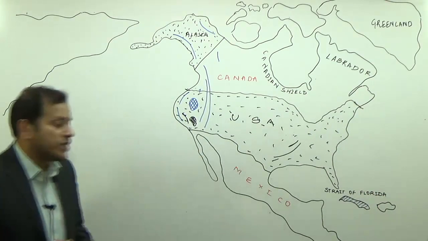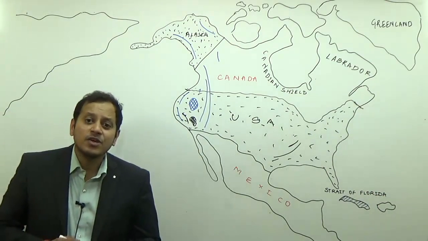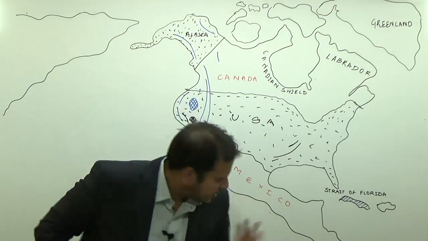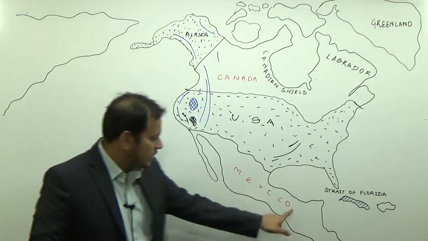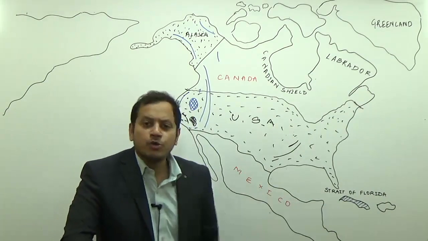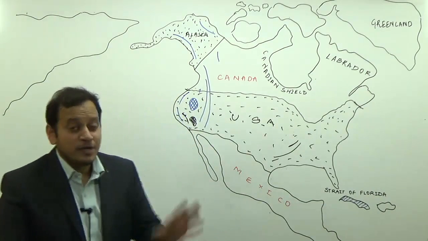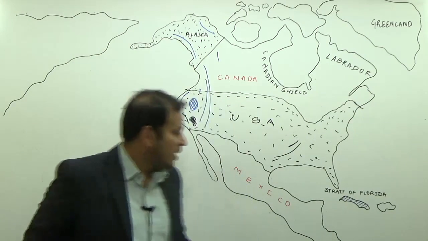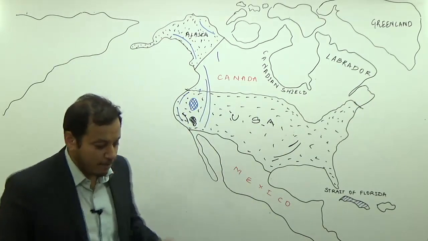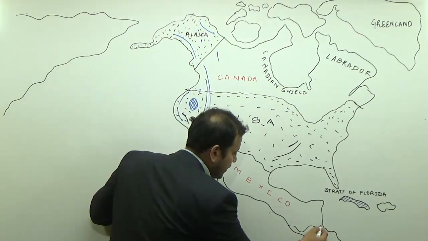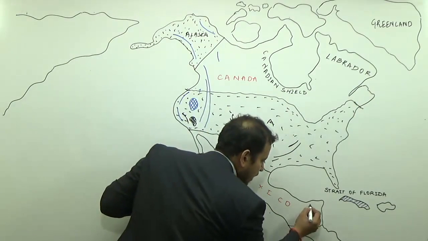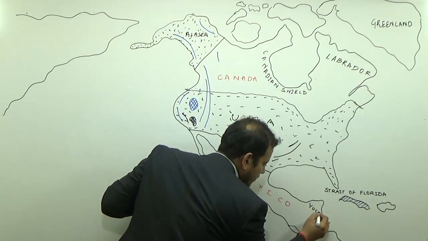The second question I want to ask you: if the state of Florida separates Cuba from USA, what separates Mexico from Cuba? There is an interesting name for that peninsula. If I draw a boundary of Mexico here, what is the name of this peninsula? This peninsula is the Yucatan Peninsula.